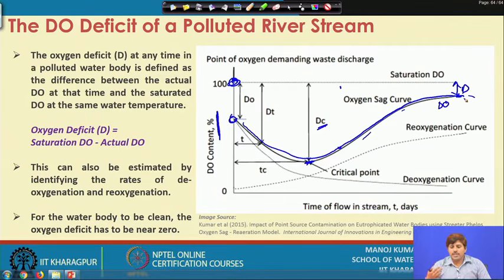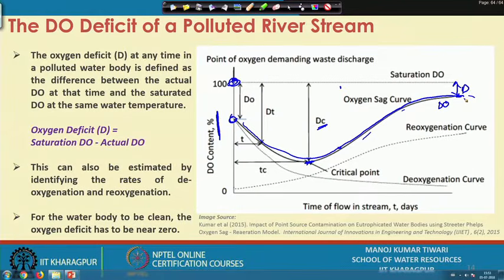We discussed that the decrease in the dissolved oxygen is primarily because the organic matter is getting decomposed. So, BOD demands oxygen, and that oxygen is supplied from the quota of oxygen dissolved in the water, and as a result the DO level in the water falls.